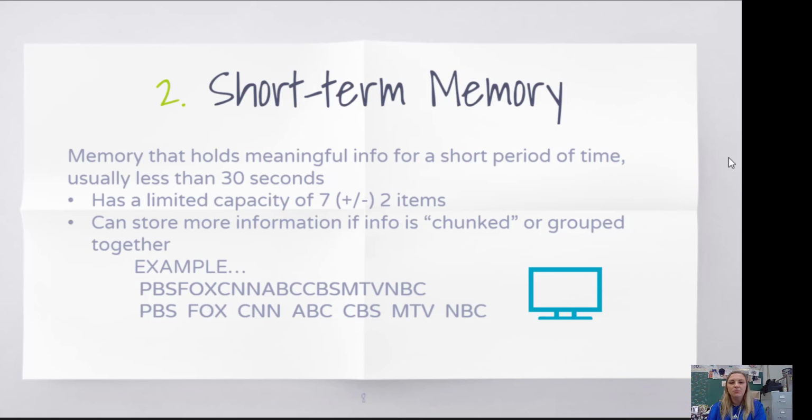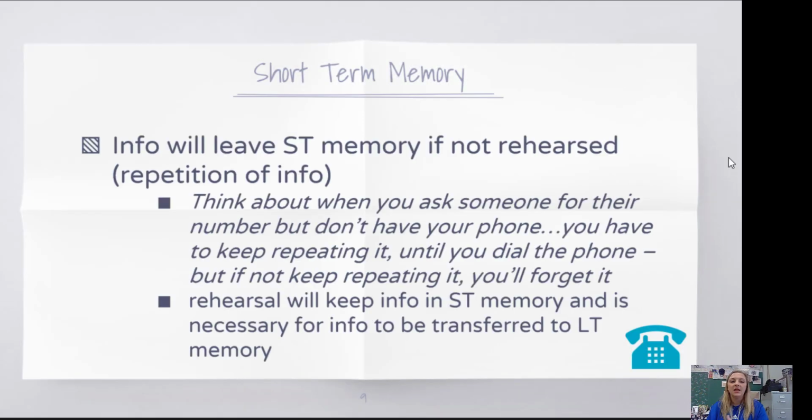So if we want to move our information from our short-term memory to our long-term memory, that information has to be rehearsed. We have to repeat the information over and over again. And that can be done in a number of different ways. If you are walking from one room to another, that might just be you literally repeating a phone number over and over again as you walk to another room.